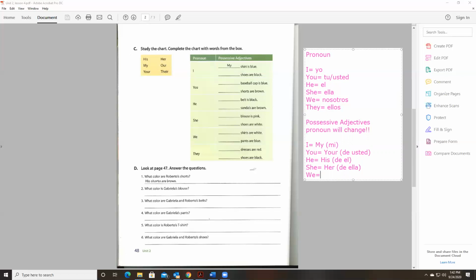We, ahora es our, de nosotros. Está incluyendo a ti mismo. And they, de ellos, ahora es their o de ellos.